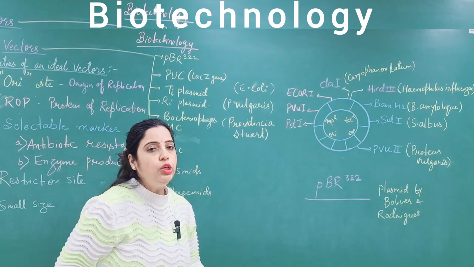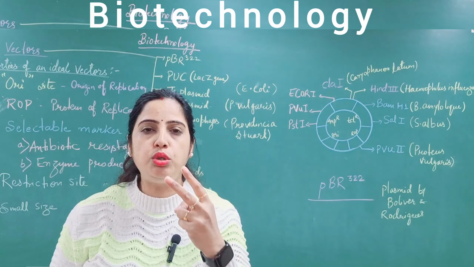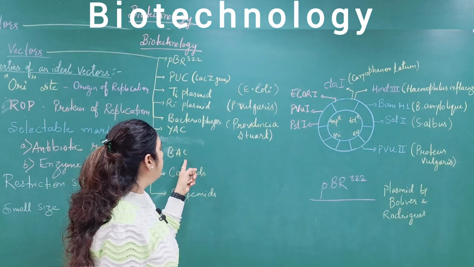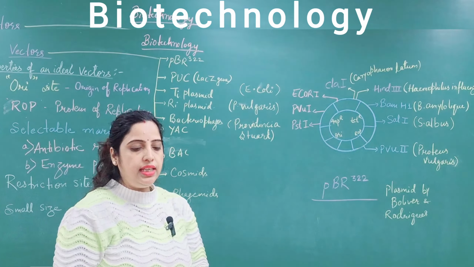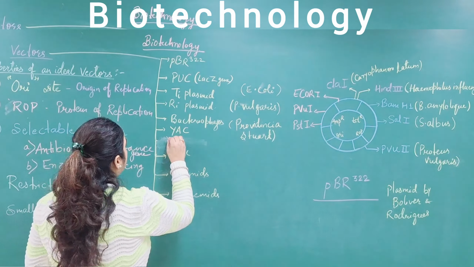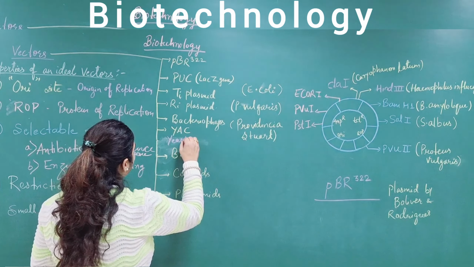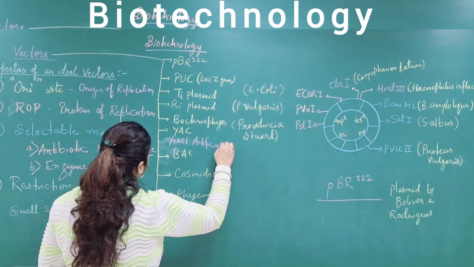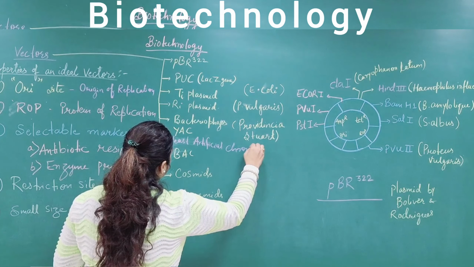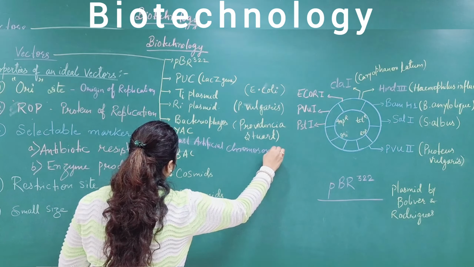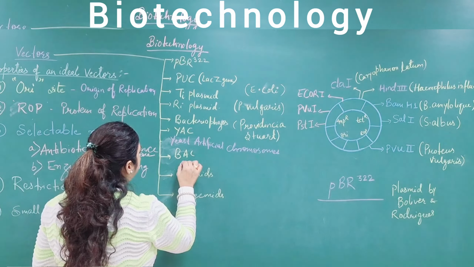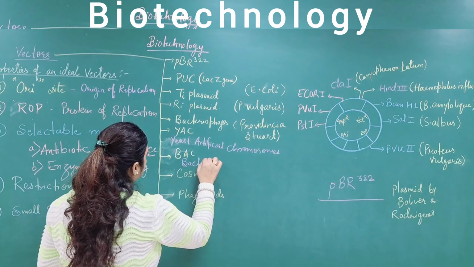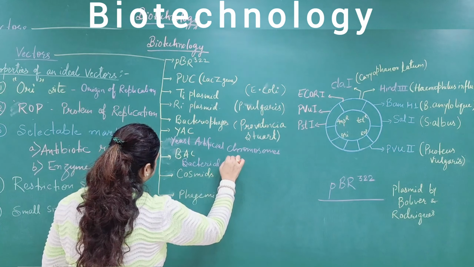Similarly, during the Human Genome Project, two important vectors were used: YAC, that is Yeast Artificial Chromosome, and BAC, Bacterial Artificial Chromosome. You just need to remember the names of these vectors.